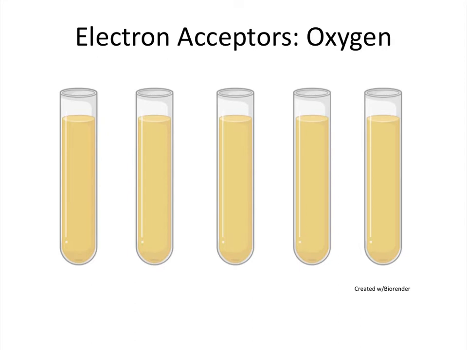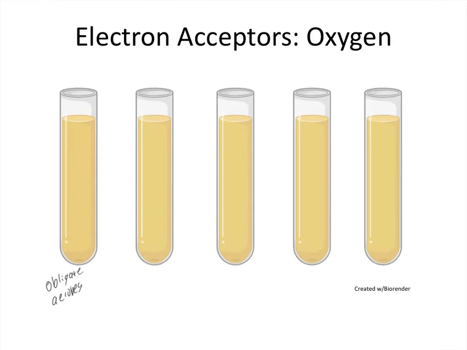When we're talking about oxygen as an electron acceptor, we can group almost all microbes into 5 main categories. The first category are the obligate aerobes. These are organisms that absolutely must have oxygen to be able to make ATP and to survive.